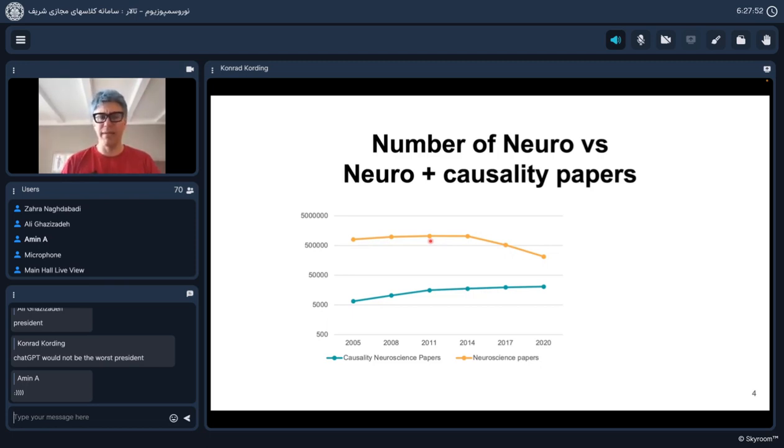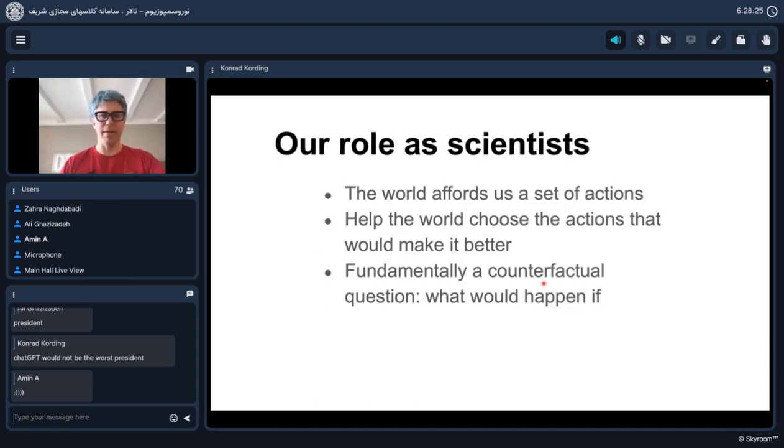But if you then look for papers that contain the word neuroscience and also the word causality, you can see that has steadily been rising. In particular, given that recently the number of neuroscience papers has been going down, the ratio of papers that are also concerned with causality is going way up. So causality is becoming a popular topic in neuroscience. And it's a popular topic everywhere. And that's why I'm excited to be telling you about causality today.